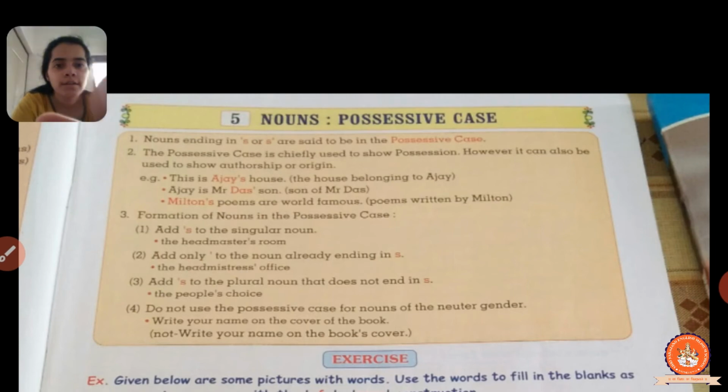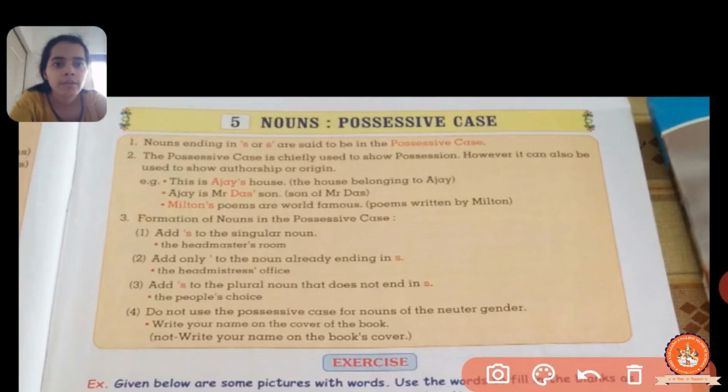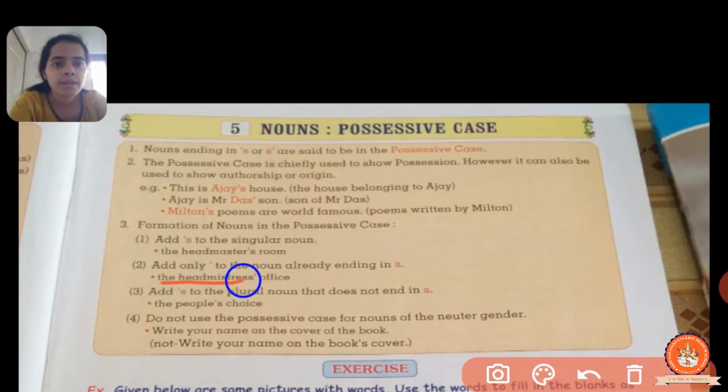Here, the headmistress' office. You can see the example given over here. So this is about nouns that already end with S, and we just put the apostrophe sign at the end of that noun.